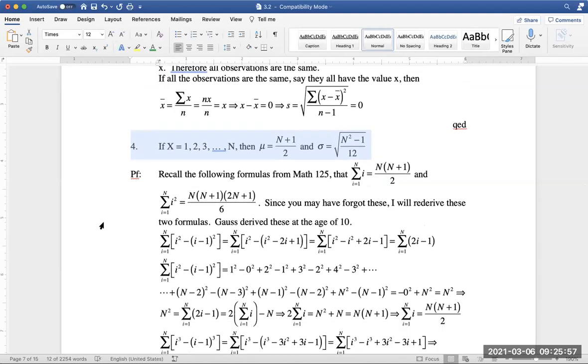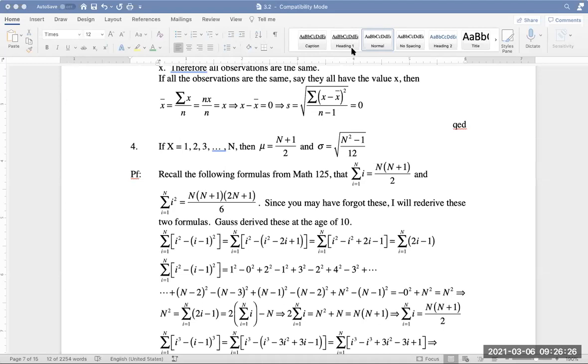If x, maybe, let me look, I probably did this in my other lecture notes. Let me look at this one. Yeah, I bet it's better.